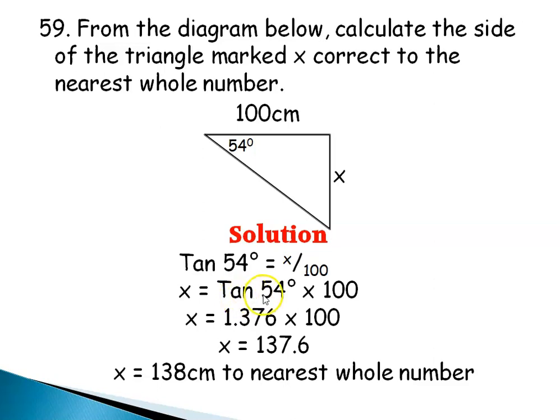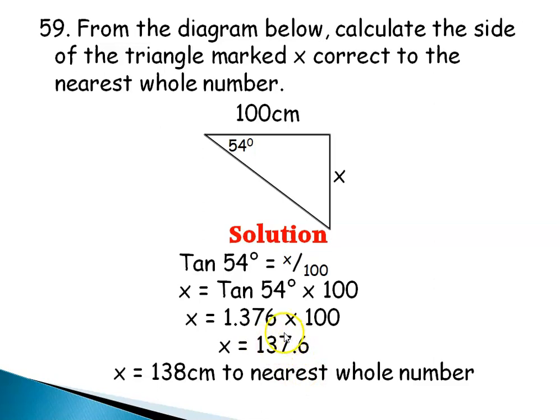So using my 4-figure table, the value of tan 54 degrees is 1.376 multiplied by 100. Since I'm multiplying by 100, I'm just going to move my decimal point 2 places to the right: 1, 2, and that will give me 137.6.